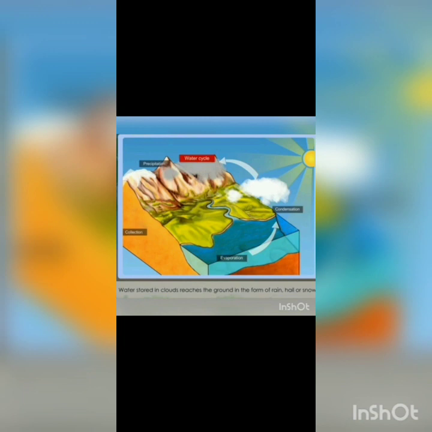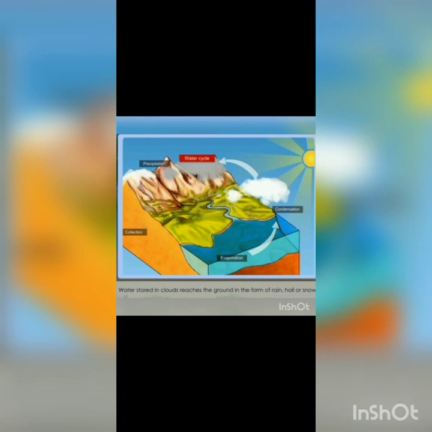The first thing, evaporation. Evaporation means change of water into water vapor. The water vapor rises up with warm air.